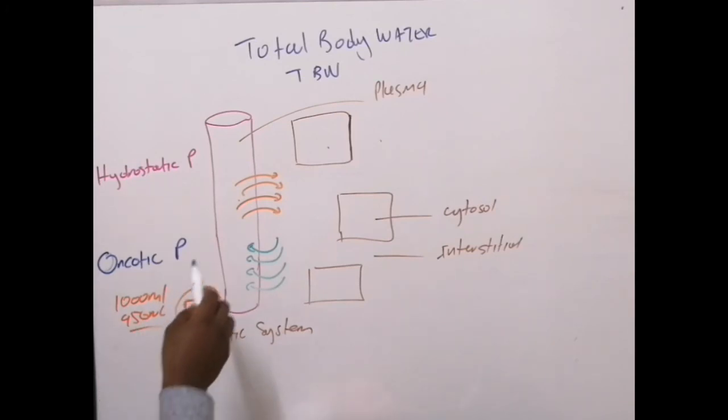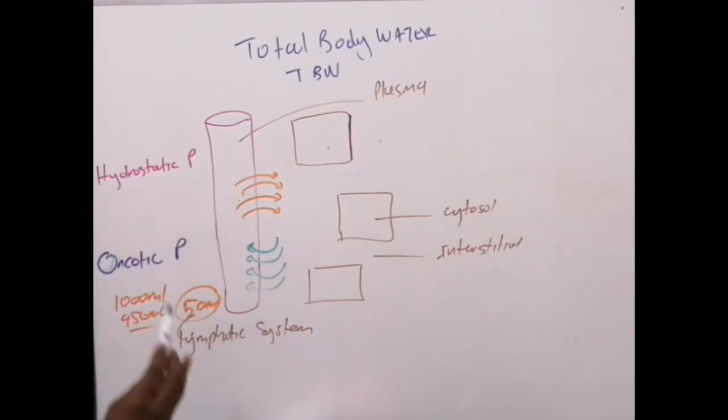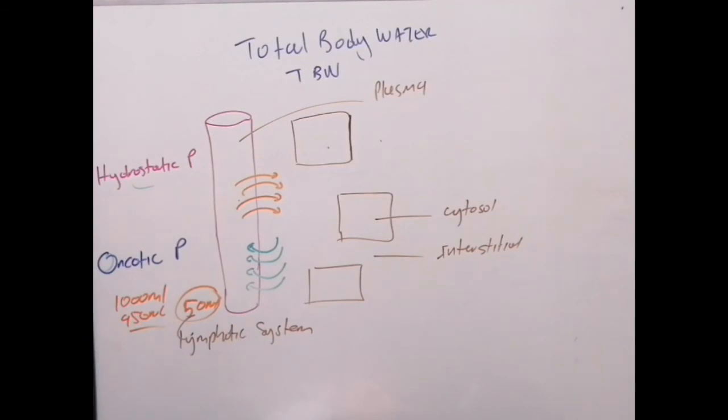So, which means you can have edema when you've got excessive hydrostatic pressure, or when you've got a lymphatic pathology, say lymphatic obstruction. So you can still have swelling of the legs, right? And we know that the oncotic pressure is dependent on the amount of protein in the intravascular.